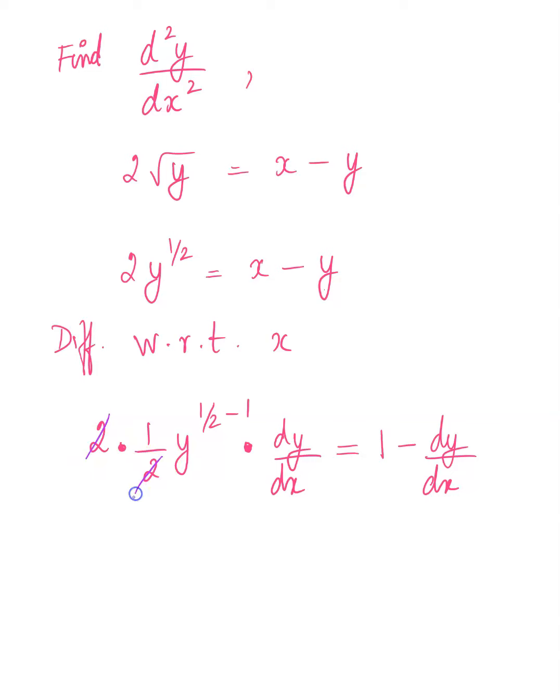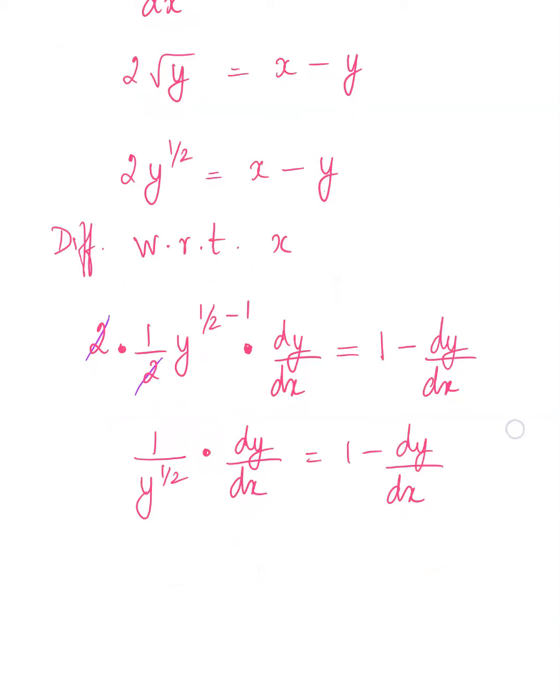And now these go away. And that's going to be y power negative half, so it's going to be 1 over y power half dy over dx, 1 minus dy over dx.